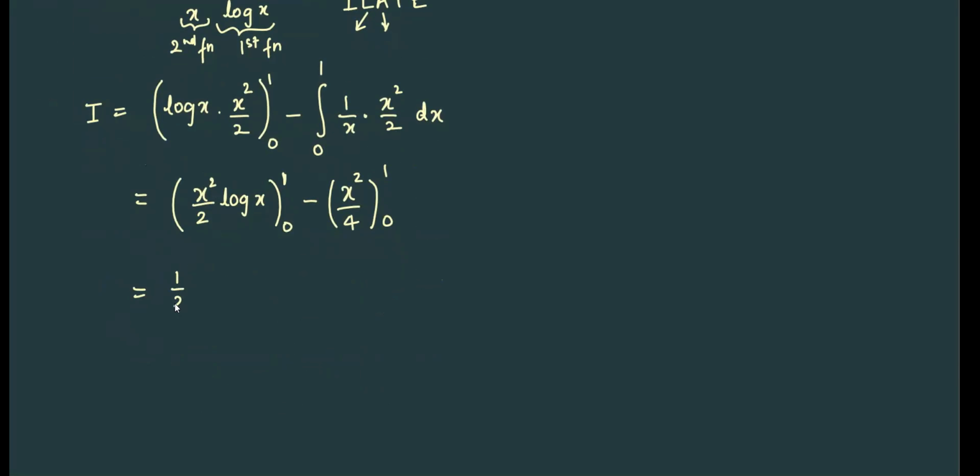When we apply upper limit, 1 by 2 log 1 minus limit x tends to 0 plus x square by 2 log x, because log 0 is undefined, minus of x square by 4: substituting 1 in place of x, 1 upon 4, minus applying the lower limit 0 upon 4.